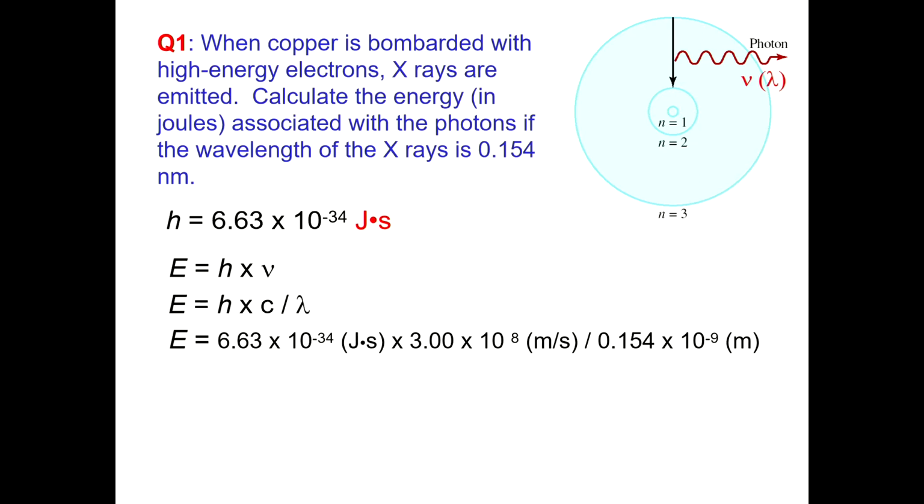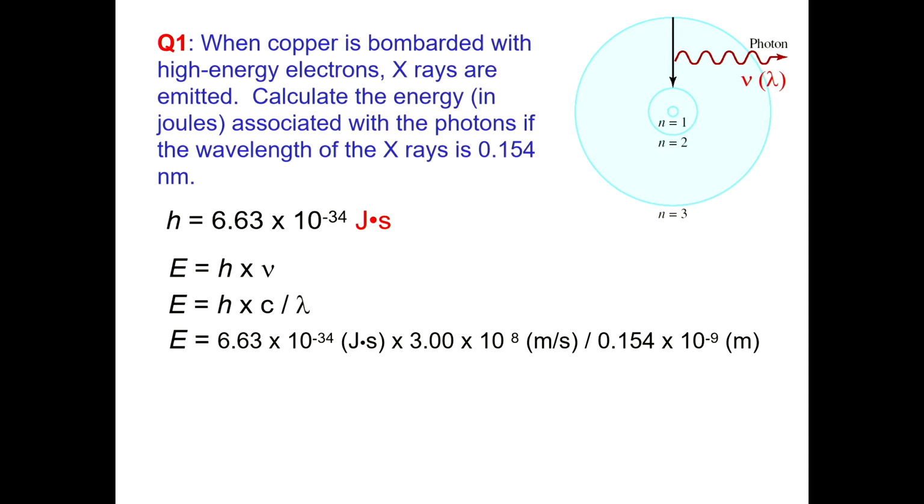From here, h is a constant, and c is the speed of light, which is 3 times 10 to the power 8, divided by its wavelength.